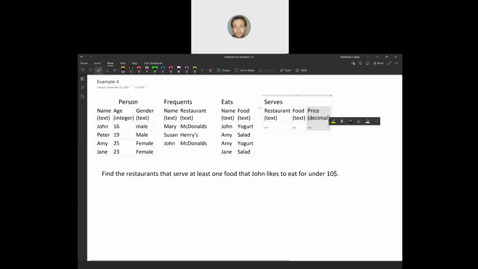It's in the serves relation. So this is like restaurants and their menus: name of the restaurant, the food they serve, how much they charge. You can write a solution in the chat, otherwise you can read it out loud after 4 minutes. But please do try to actually write something down and solve it. Okay, I'll see you in a few minutes.